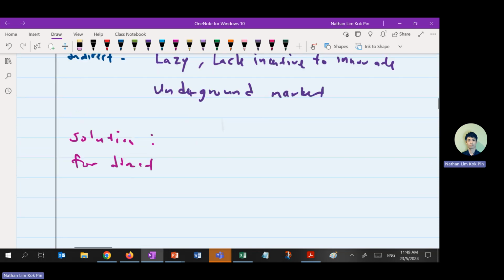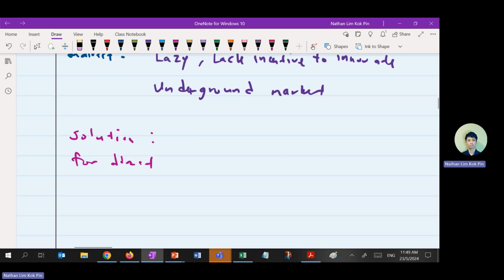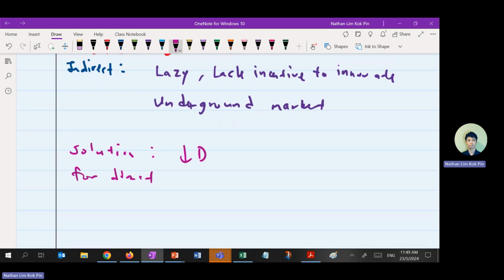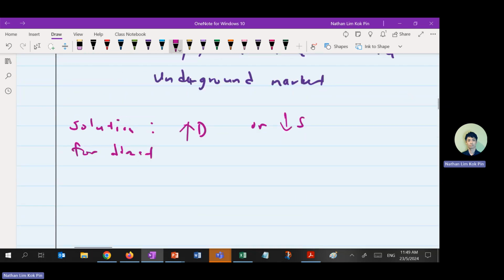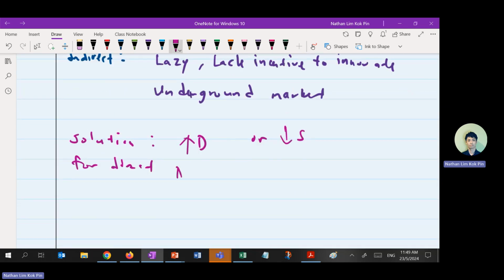So solution for direct effect: this one is a surplus, we should increase demand or decrease supply, right? Increase demand, let's say we do advertising, we have to buy up the surplus.